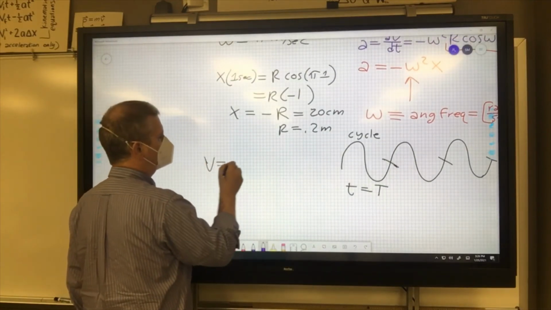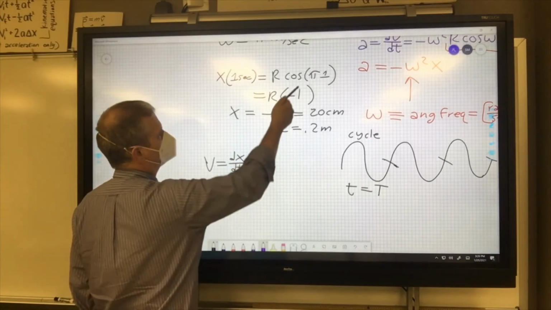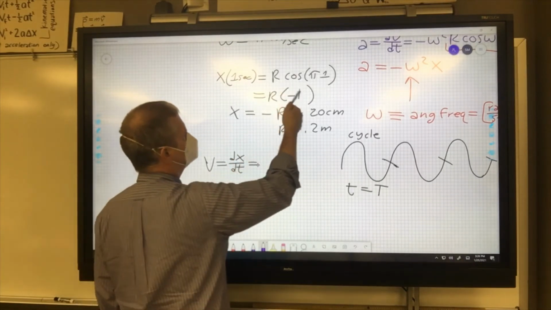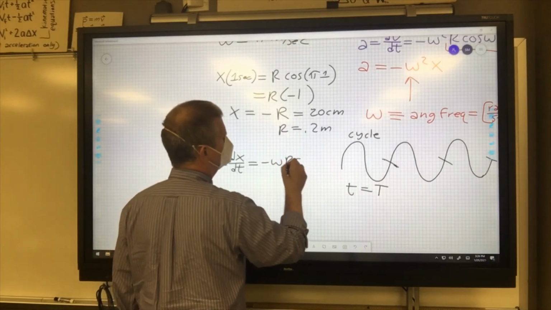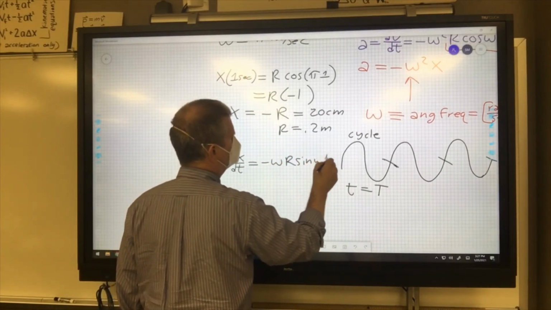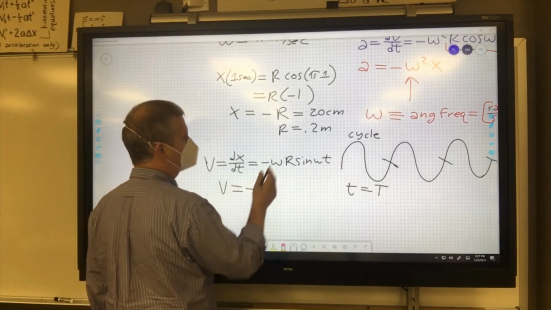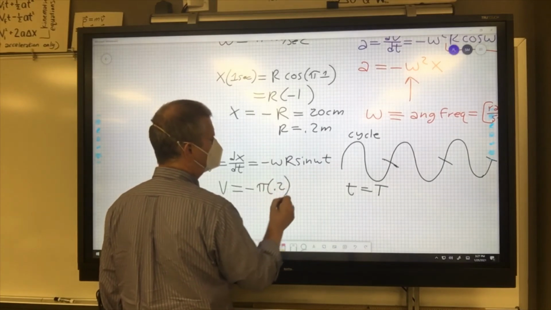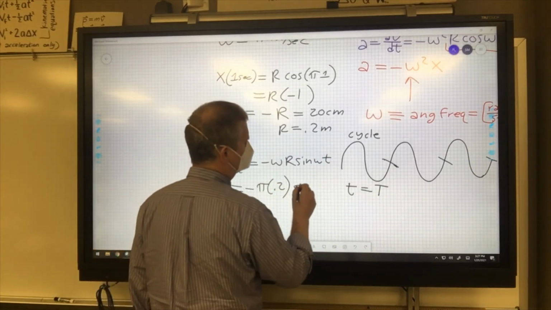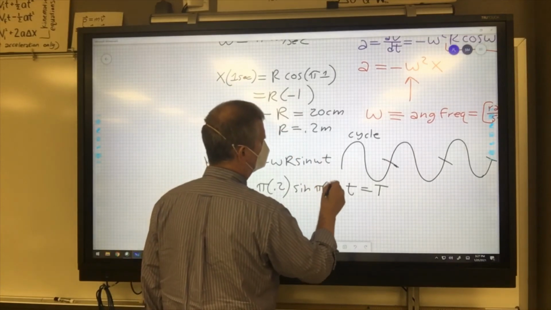The velocity equals dx/dt, the derivative, which is going to be negative omega r sine omega t. Let's put in what we know. The velocity would equal negative pi times r, which is 0.2, times the sine of pi times 1.